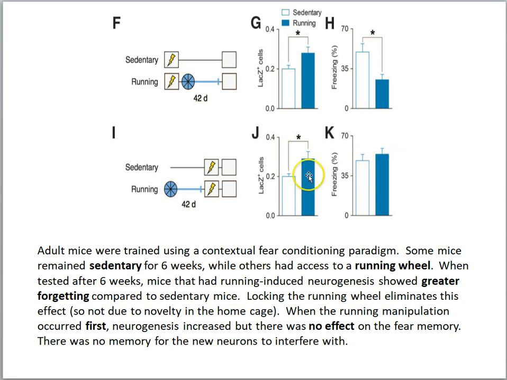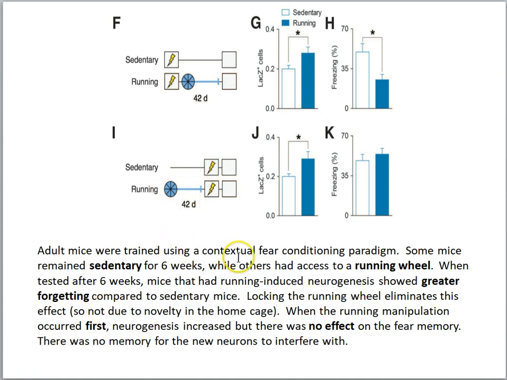In other words, even the animals that were running and had more neurogenesis than the sedentary mice still retain the memory. The neurogenesis did not interfere with the memory. And of course, the explanation here would be that the neurogenesis had nothing to interfere with. The training happened after the neurogenesis that occurred in this 42-day period here.